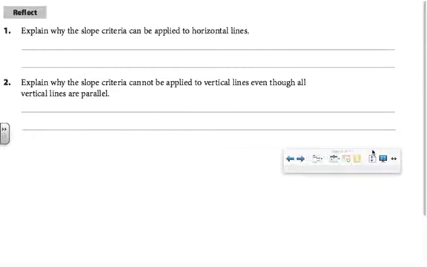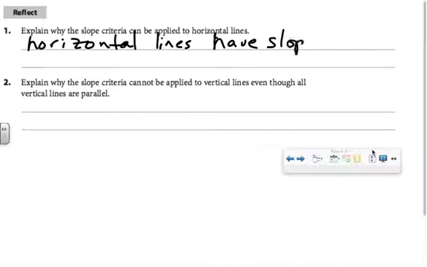So why can the slope criteria be applied to horizontal lines? Well, if we did the calculations for the slope of a horizontal line, the slope would be 0. So if I have two lines that have slope 0, then the lines would be parallel. Okay, so horizontal lines have slope of 0.